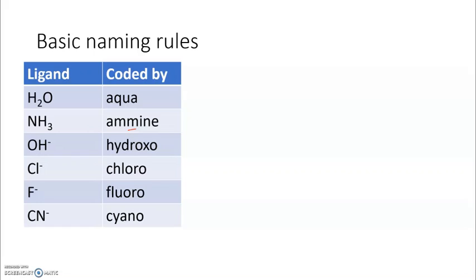OH minus acting as a ligand is hydroxo, Cl minus acting as a ligand is chloro, F minus is fluoro, and CN minus is cyano. Now, if you have a complex which has got a mixture of these ligands, the ligand prefixes are always organized alphabetically.